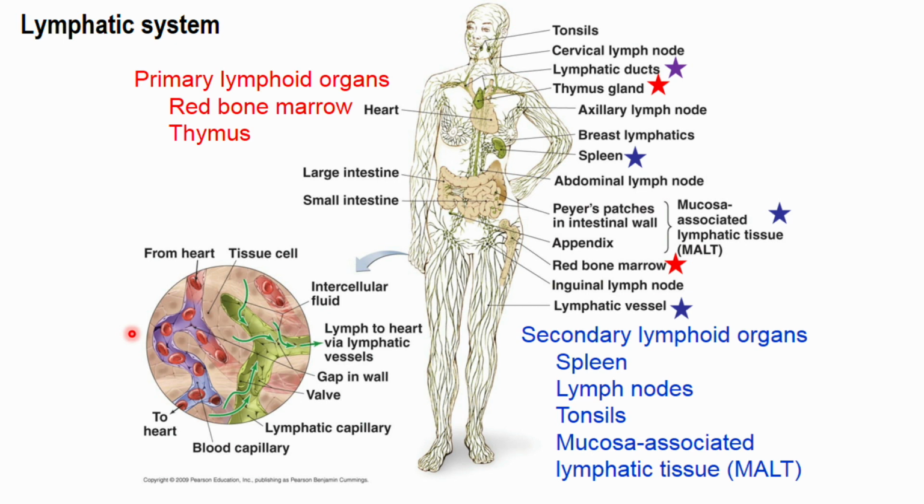The lymphatic system is primarily where a lot of this adaptive immunity actually happens. And so I'm not going to ask you to memorize all of this by any means. You just need an idea of what the lymphatic system is. Now, the lymphatic system, which is in the green right here, this is the lymphatic capillary.